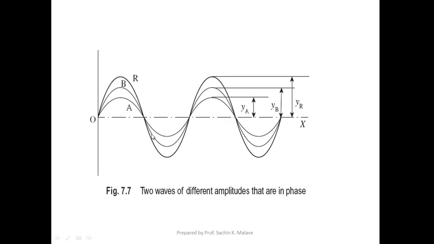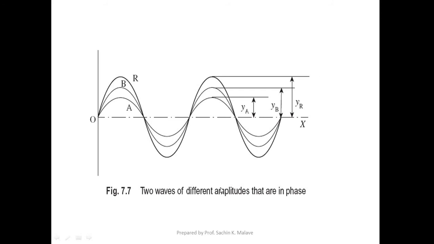That is the Huygens theory. Say wave A has some amplitude YA, wave B has amplitude YB, and both have started at the same time. So there is no phase difference, meaning both have started at the same point.